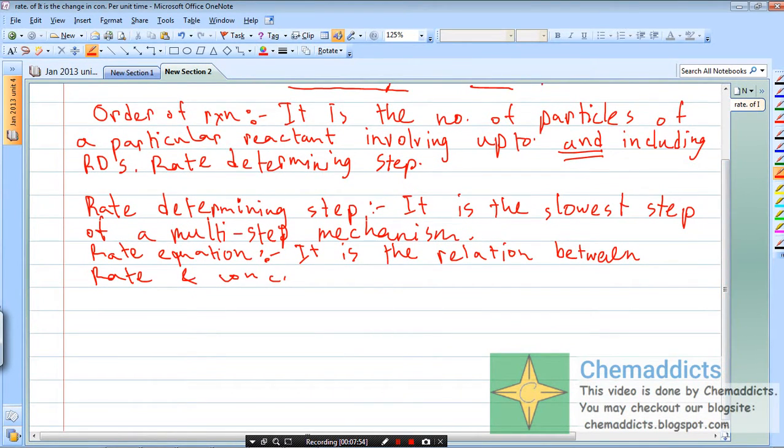The rate equation looks something like this: rate is equal to some constant k, A to the power m multiplied by B to the power n, sorry, this is not n. Here A and B are reactants, and the brackets are concentration. This is concentration, that's fine. This is products, sorry, extremely sorry, this is reactant.